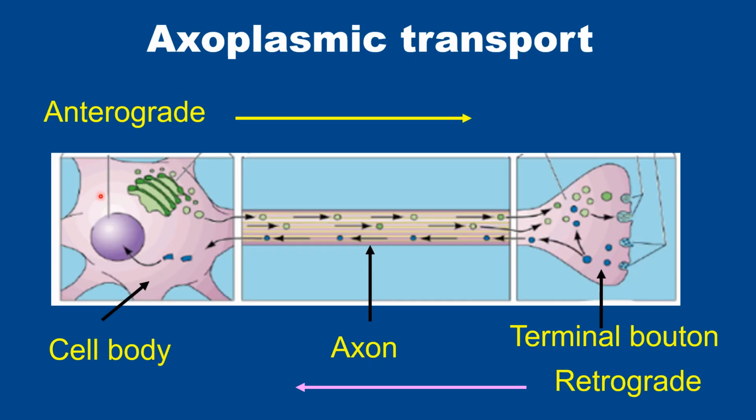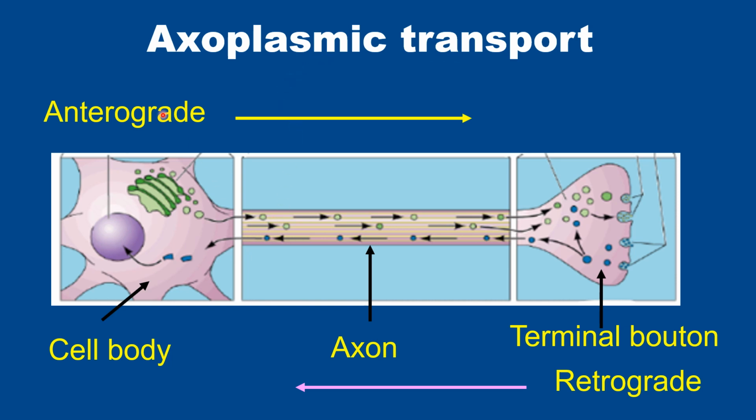Neuronal proteins are synthesized in the Nissl body and packed in the Golgi apparatus. The vesicles from the Golgi apparatus, mitochondria, and the neurotubules are transported to the axonal terminal or the terminal button through axoplasmic transport.